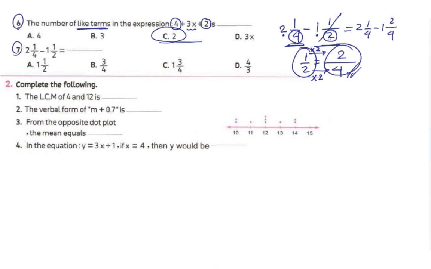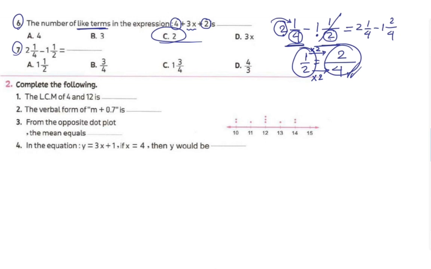Okay. The second step, look here. 1/4 minus 2/4. Okay, like denominators, but 1 minus 2, no way to subtract 1 minus 2. So what's the work now? The work now is to borrow 1 from here and add it to the fraction.